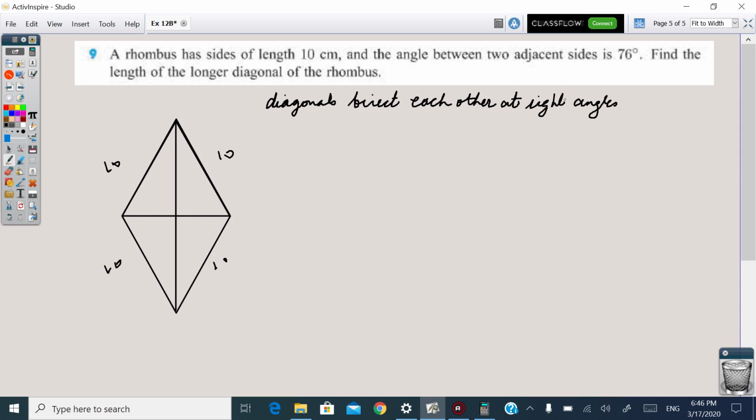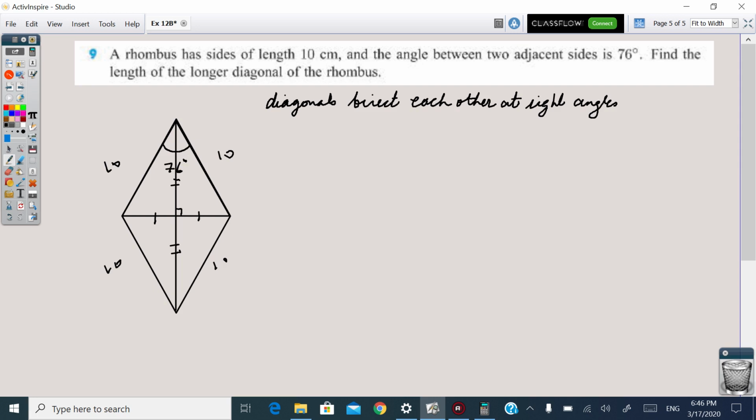So we have this side is equal to this side, half, and this half diagonal is equal to this half diagonal, and that we have a right angle here. Now, the angle between the two adjacent sides is 76, so this is an angle of 76 degrees.